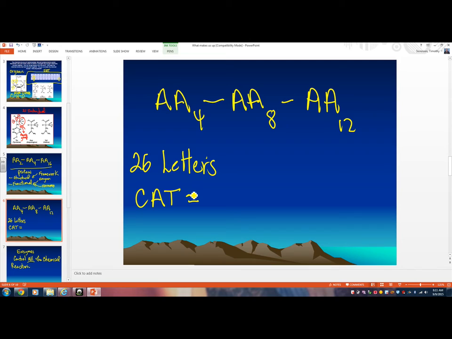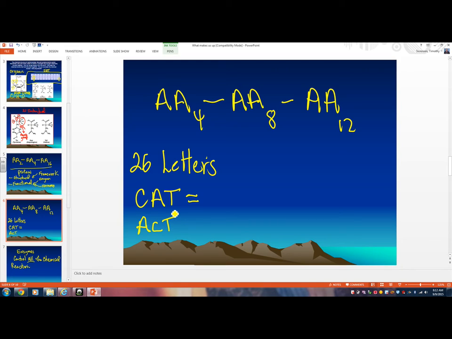Watch. This is the big point. When you put together a word, not only are the letters that you use important, but also the sequence in which you put the letters. If you take those same letters, C-A-T, and put them in a different order, you have a different word.